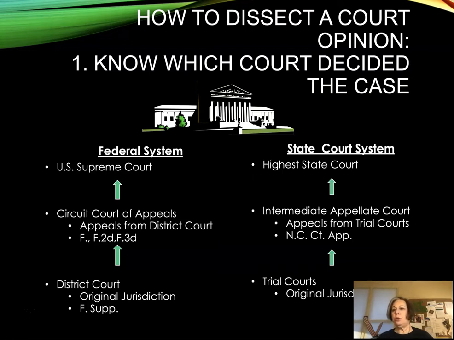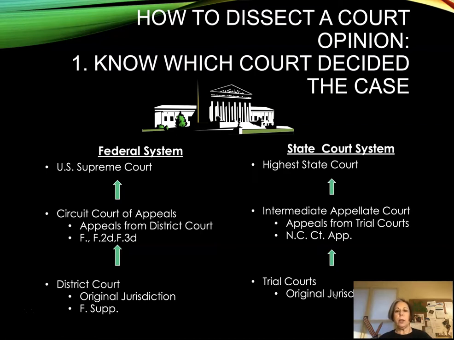So, just so we can talk this through, I don't know if you know, the federal court system is the district court is the trial court. That's the original jurisdiction court, which goes to the Circuit Court of Appeals, which goes to the U.S. Supreme Court. In the states, you go from trial courts. In North Carolina, we have 2 levels of trial court. We have the Superior Court and District Court. I was a district court judge.